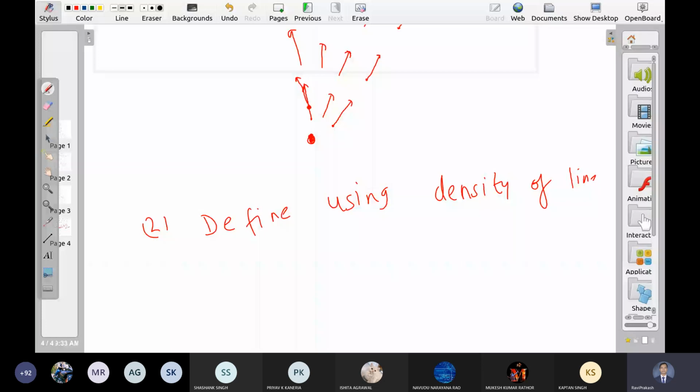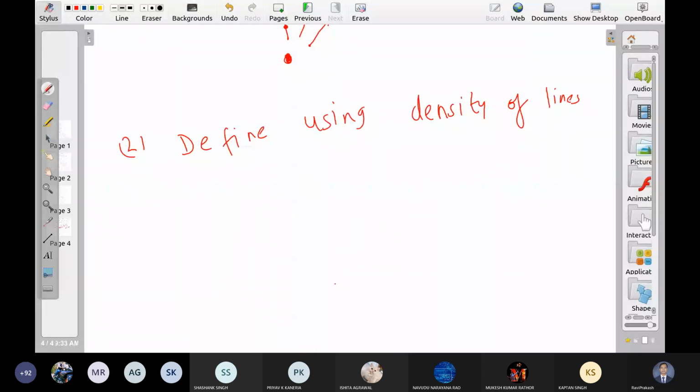So electric field can be defined in this technique. This is some charge Q. And how do I define electric field now? So let me draw some lines from here, radially outward.